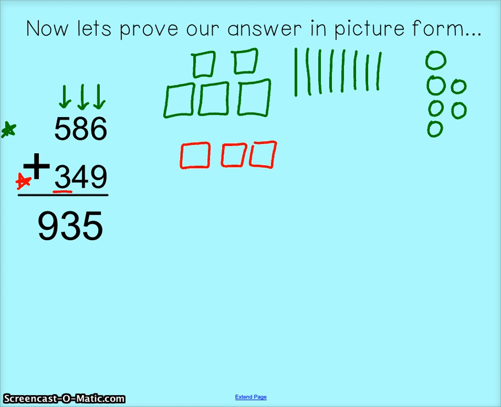Let's go to our tens. We have 4 tens. 1, 2, 3, 4. And we have 9 ones. 1, 2, 3, 4, 5, 6, 7, 8, 9.